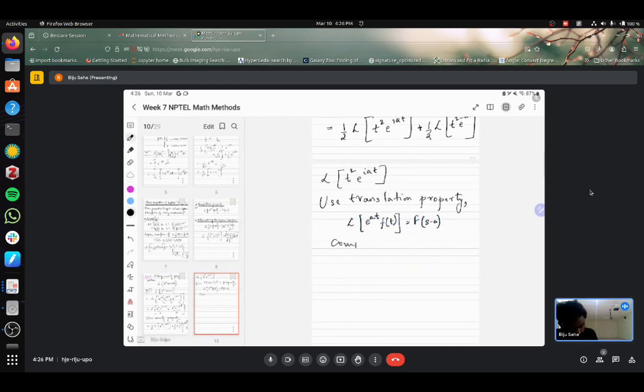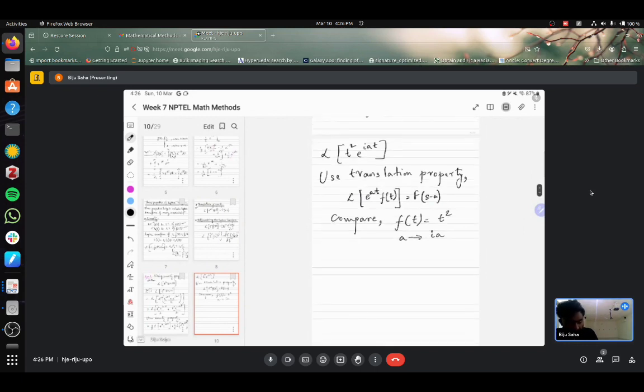If you compare this with the function you have in hand, f(t) is basically t square, and your a is ia. And capital F(s) is the Laplace transform of the function f(t). So here you need the Laplace transform of t square.